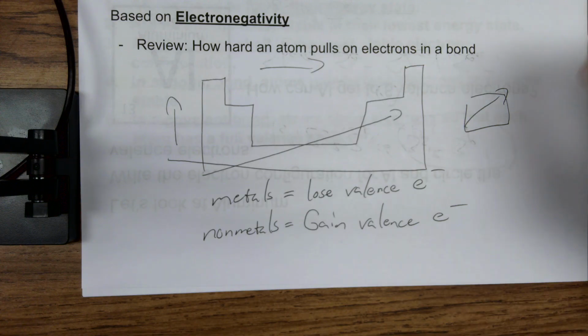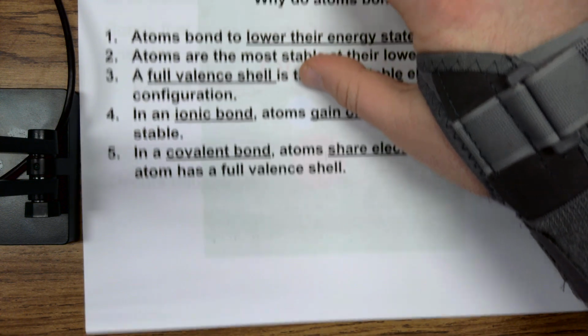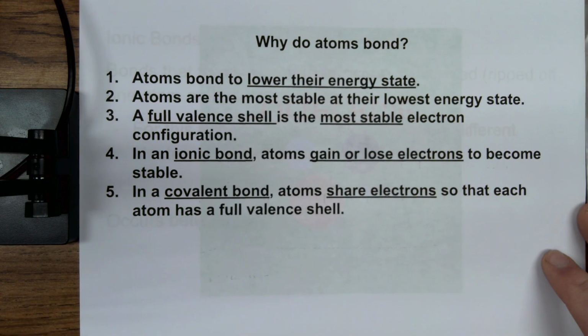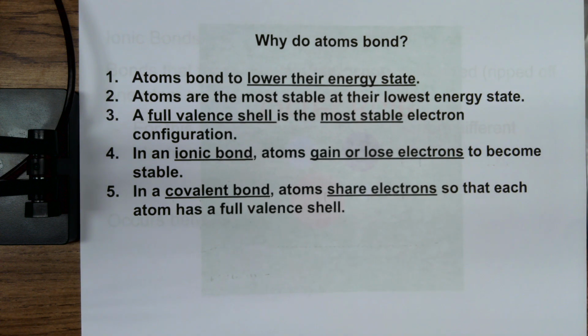All right, guys. I'm moving on to the next one. So this isn't something that you have to write down. This is kind of just a bit of review of what we've talked about so far. So the reason why our atoms want to bond to things is because it lowers their energy state. If you have incomplete orbitals, you're more likely to interact with stuff.